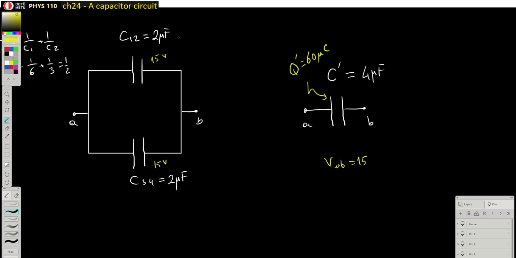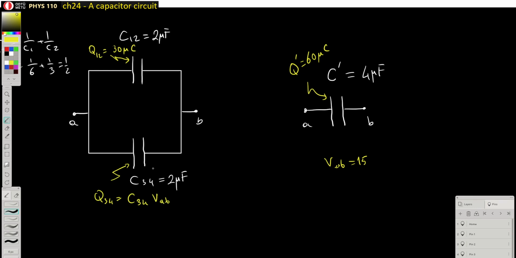So as a result, this charge in here, I think I'm going to raise this. The charge on this plate of that equivalent capacitor, I think I'm going to call this Q12, is equal to 30 microcoulombs. And this one too, so that's Q34. Let me just write what I'm writing in here.